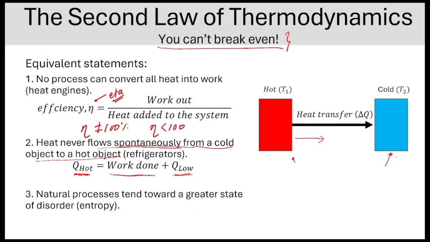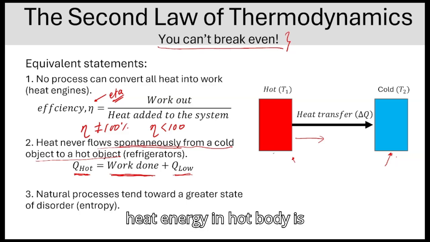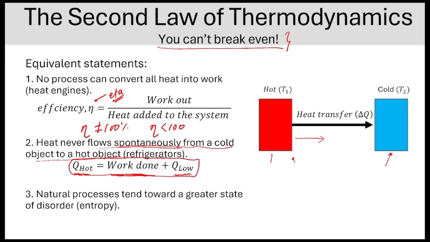That will also result in external work done. So the total heat energy in the hot body equals the work done plus the heat energy in the low temperature system.